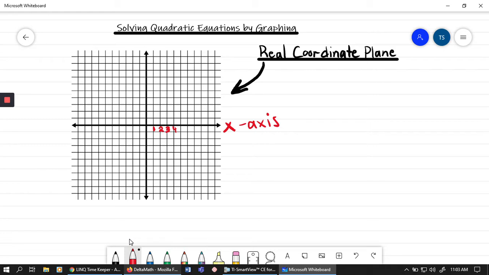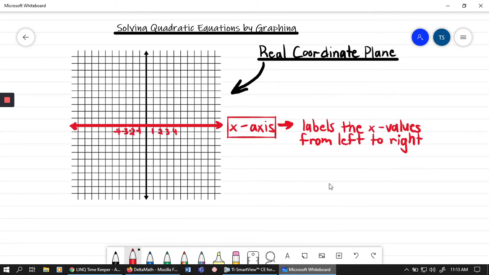On the right side we've got positive x values like 1, 2, 3, 4. On the left side of this graph, we've got negative x values: negative 1, negative 2, negative 3. So this x-axis labels your x values from left to right.